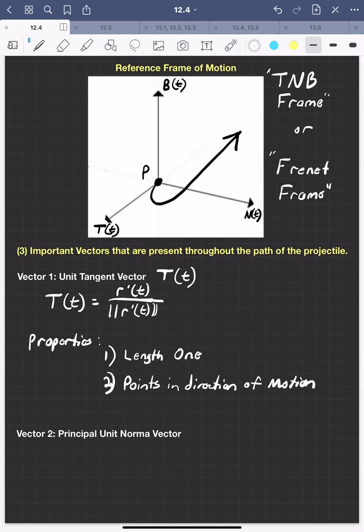Make sense? Now, let's talk about the second vector. So let's give it a name.